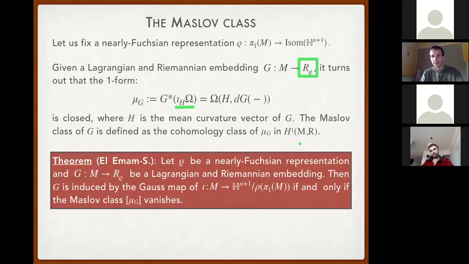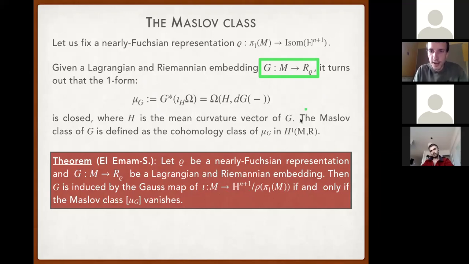And our first theorem is that this embedding G in R rho comes from the Gauss map of, so somehow it can be integrated in a rho equivariant way. So it comes from the Gauss map of some I in the quotient, so in the nearly-Fuchsian manifold, if and only if the Maslov class vanishes.